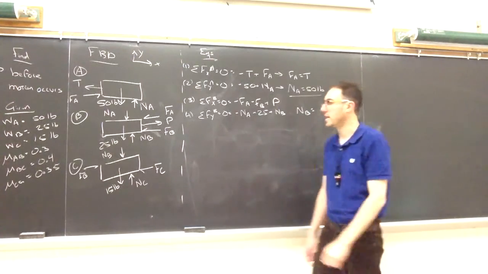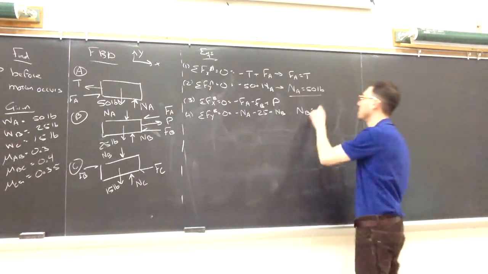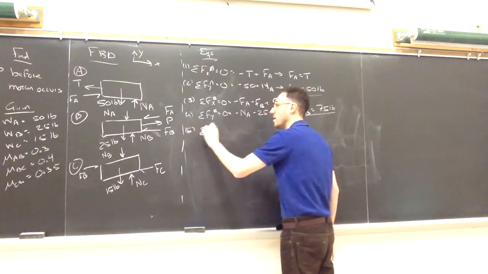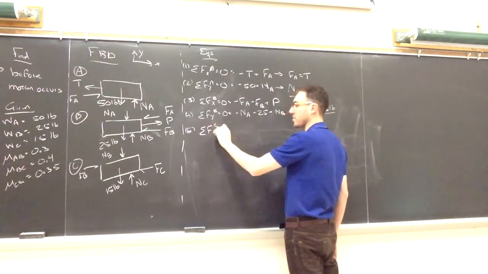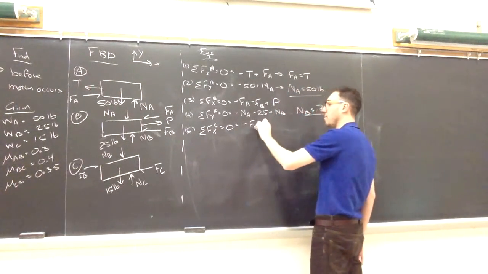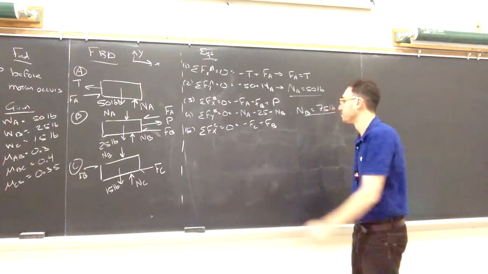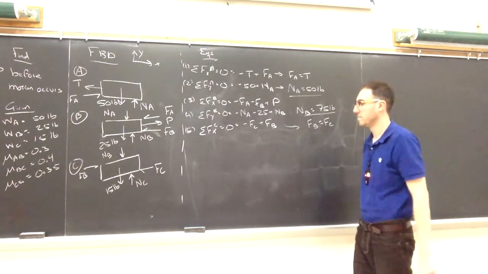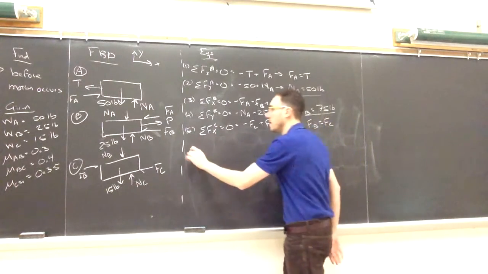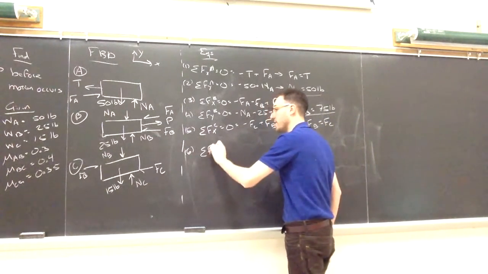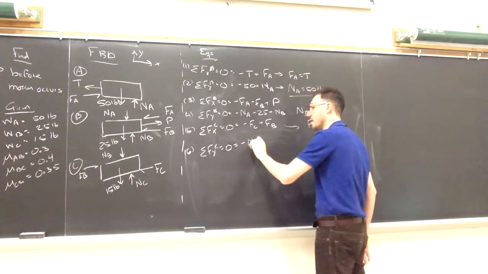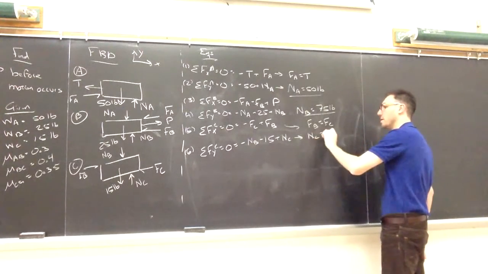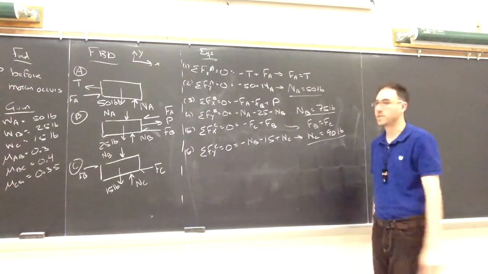So NB is the weight of A plus the weight of B. And in the x direction in picture C, we'll have minus FC plus FB. So at equilibrium, those two frictions have to be equal. And in the y direction in C, I'll have minus NB minus the 15 pounds plus NC. So that normal force C is 90 pounds.